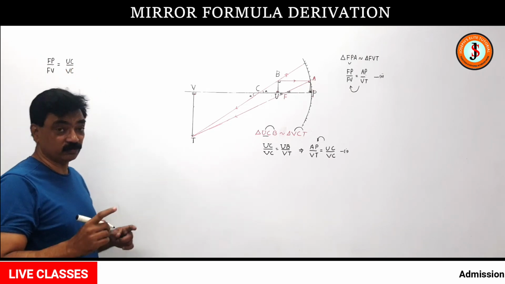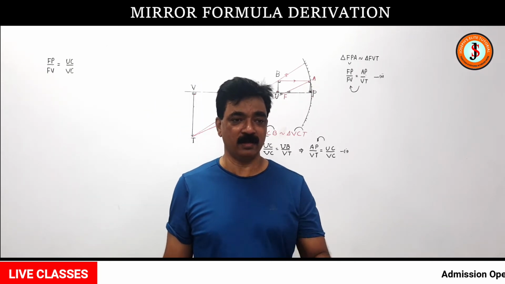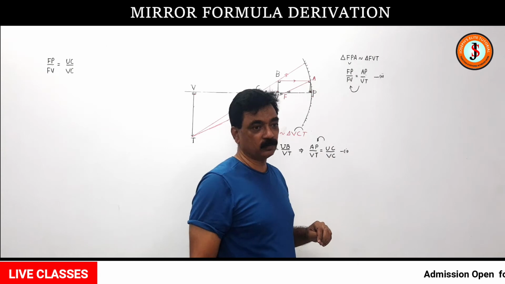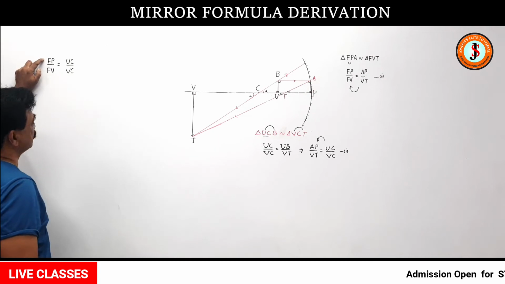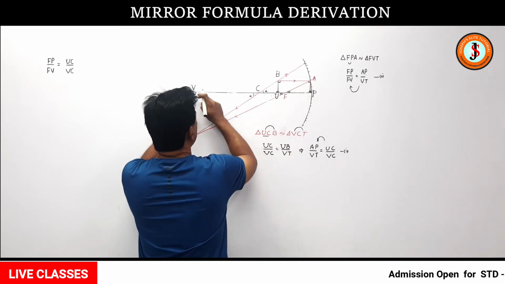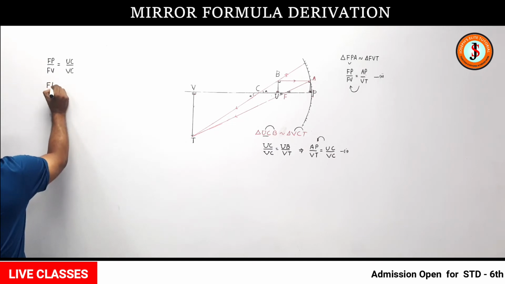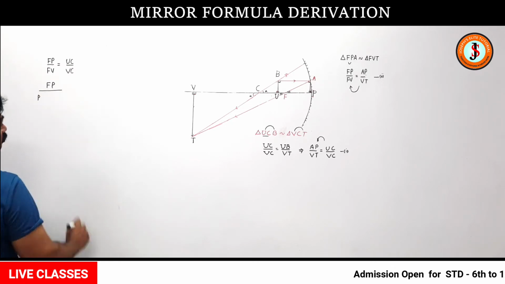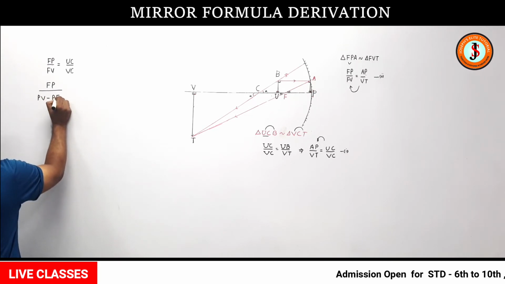Now very smartly we have to think. In the mirror sign convention, or in the chapter light sign convention, everything should be measured from the pole. So I have to use the alphabet P smartly. Now here FP is correct. FV can be written as PV minus PF.